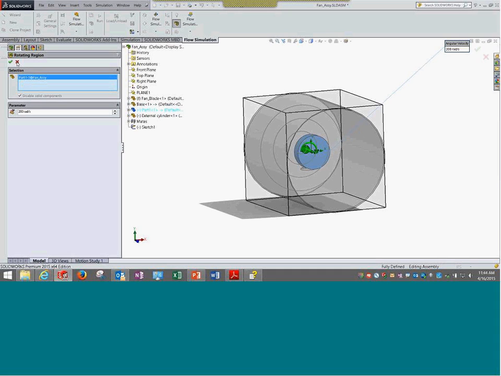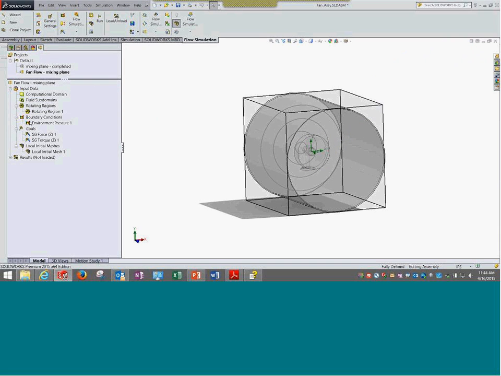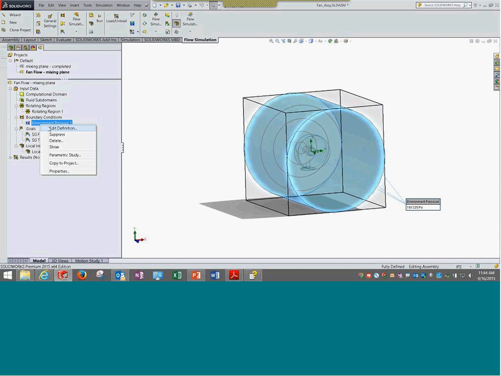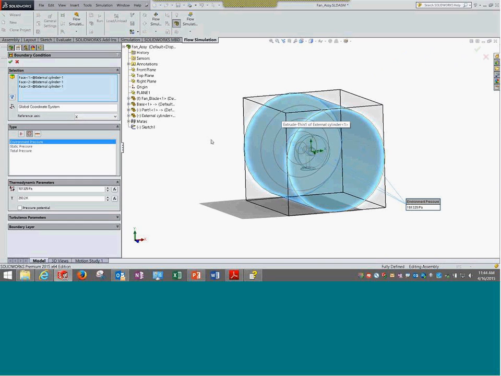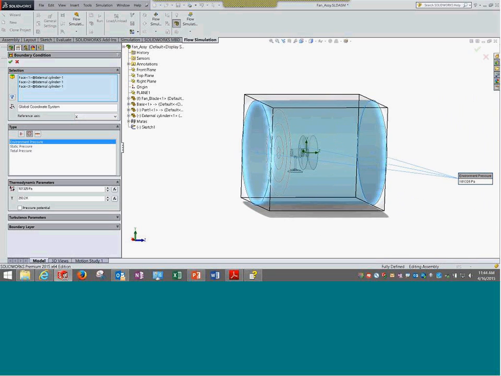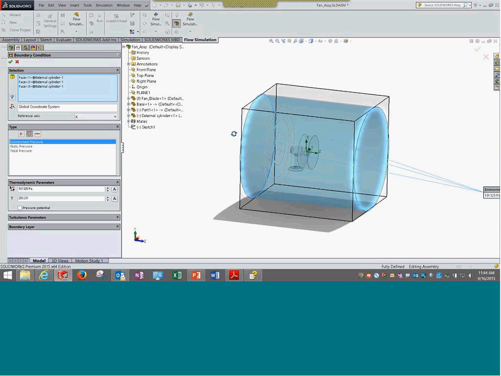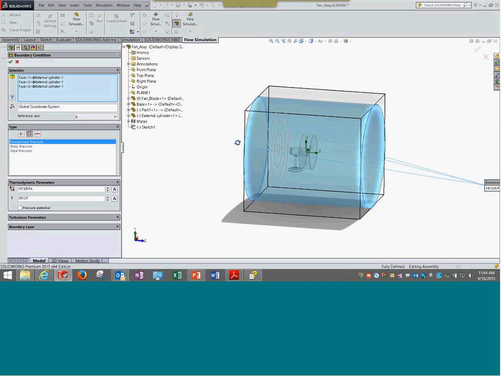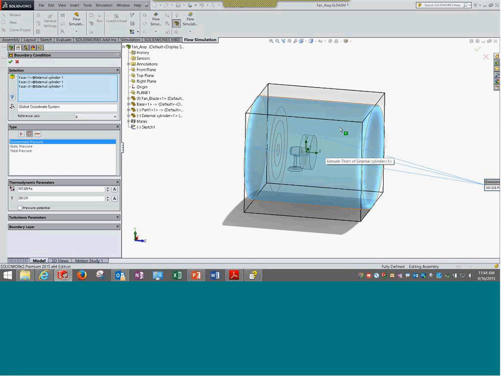Environmental pressure. So here the domain is actually simulated as an external flow, but to make the computational domain small, we are using a cylinder to simulate the atmosphere around it. That cylinder is being created and maintained at an environmental pressure, as in an internal flow.